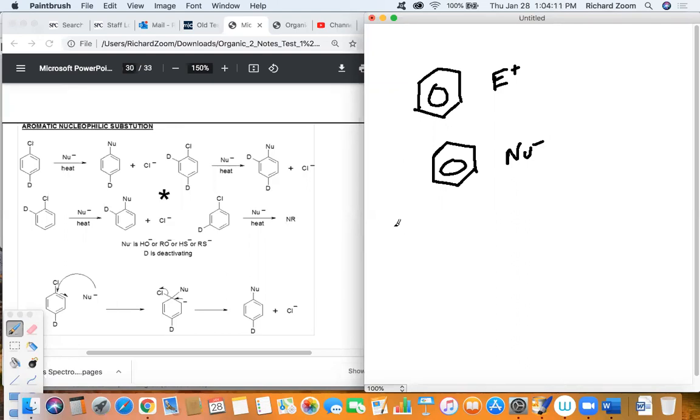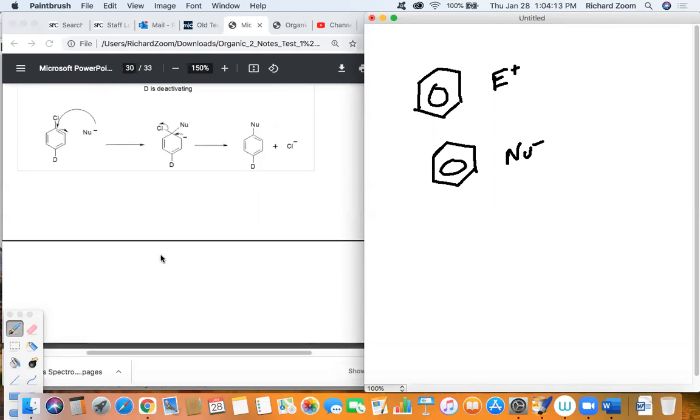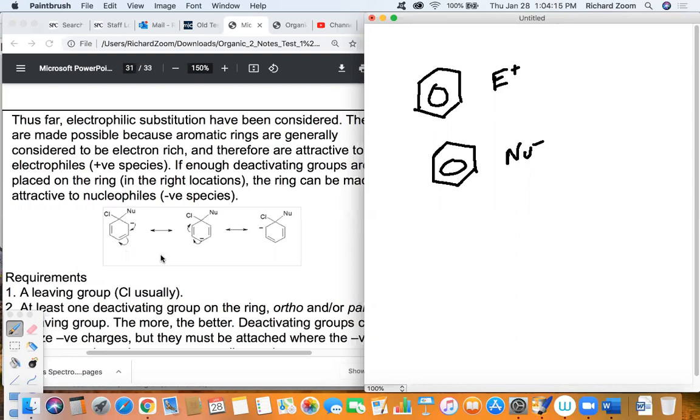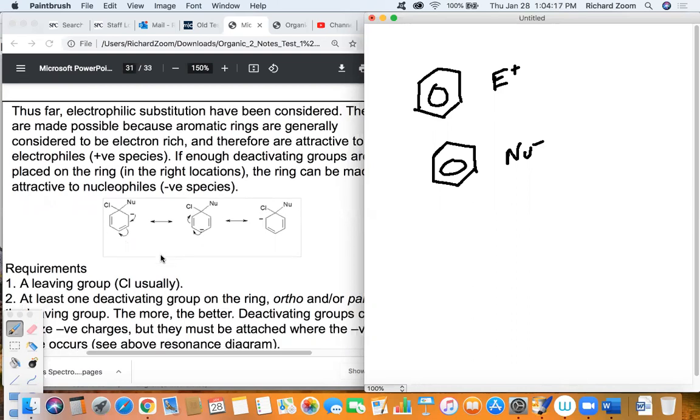So I've got on the next slide here what happens in that first step when the nucleophile attacks the ring with the chlorine on it. And you can see here that the negative charge, just due to resonance structures, ends up ortho and then para, like this.